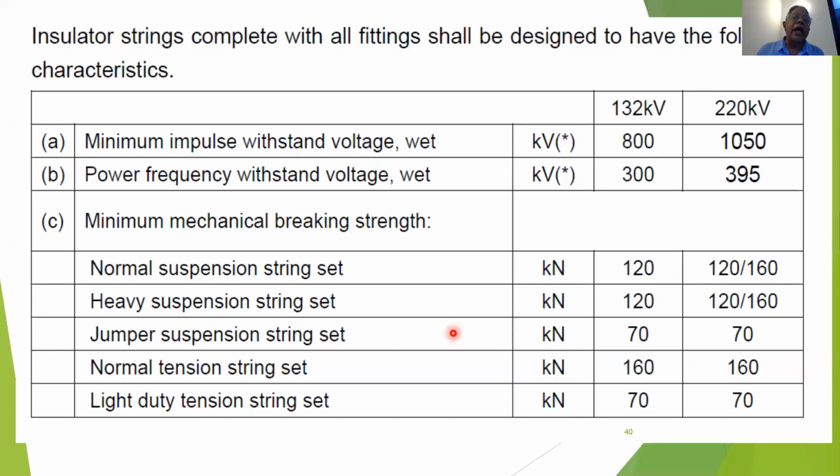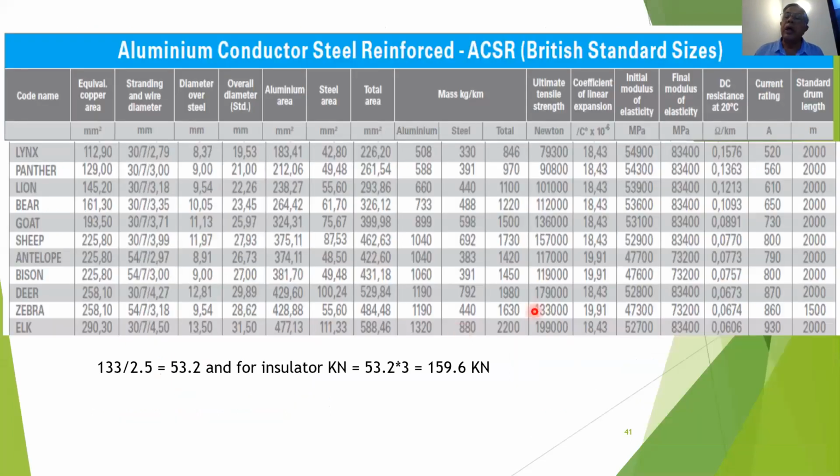So these are aluminium conductor steel reinforced data sheet. Code names: lynx, panther, lion, bear, goat, sheep, antelope, bison, deer, zebra, elk. All of these names are of animals, four-legged animals.